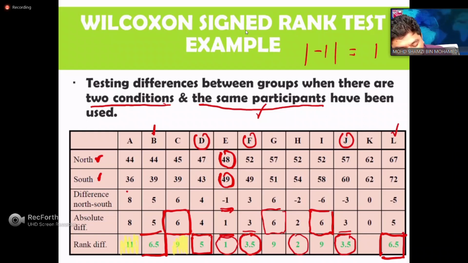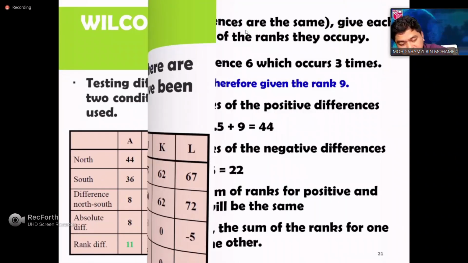So this one positive, this one positive, this one positive, this one positive, this one negative. Okay, this one positive. So 11, 6.5, 5, 3.5. There's a 9 somewhere. Okay, this one is 9. All right. And then add together the ranks of the negative differences.